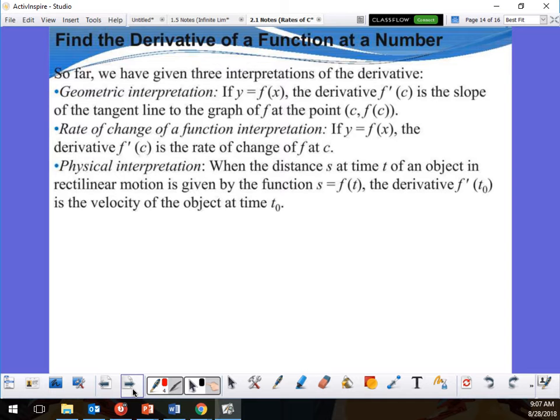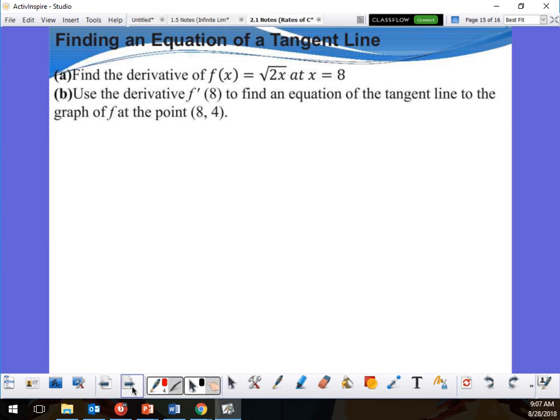So, what does that mean? When you take the derivative of the position, you get velocity. If you take the derivative of the velocity, you get acceleration. And if you take the derivative of acceleration, you get the jerk.